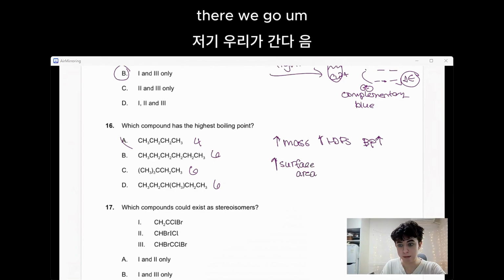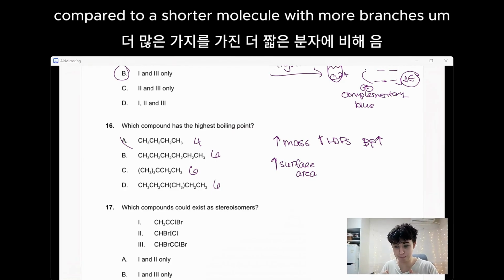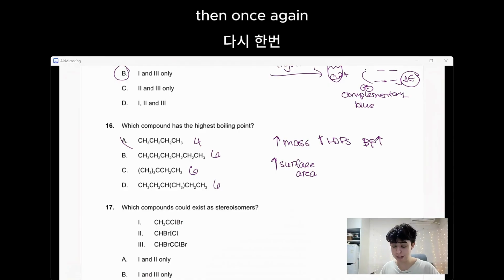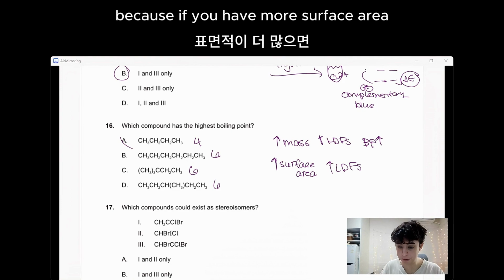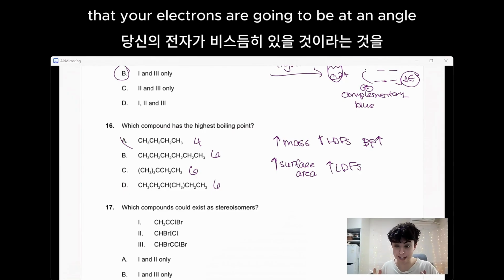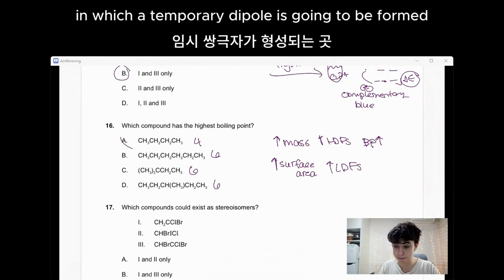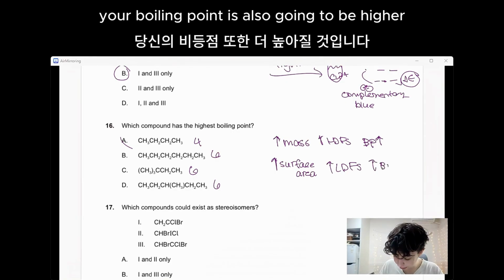A longer molecule with fewer branches has more surface area than a shorter molecule with more branches. With more surface area, you have more statistical likelihood that your electrons are at an angle in which a temporary dipole is formed. And therefore, your boiling point is also going to be higher.